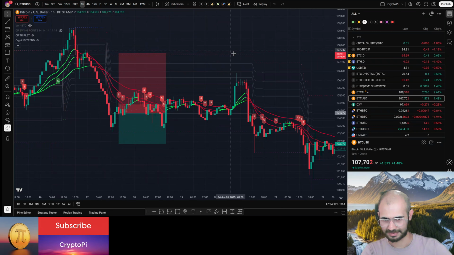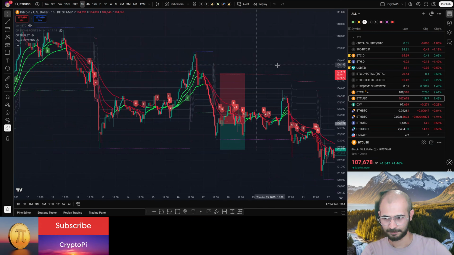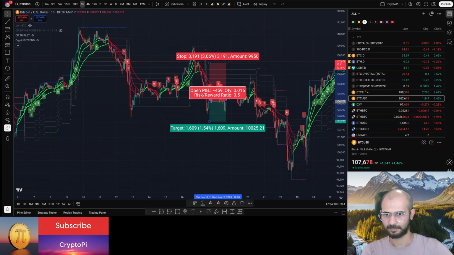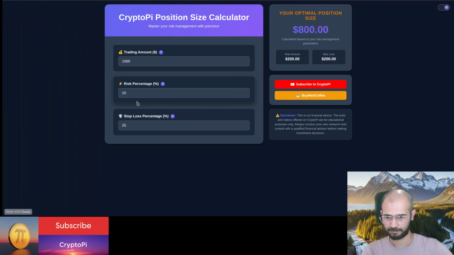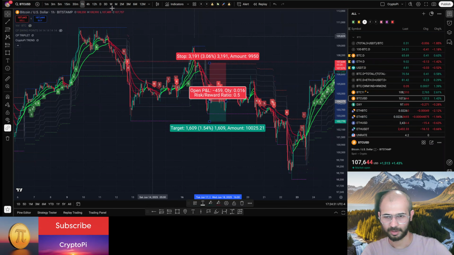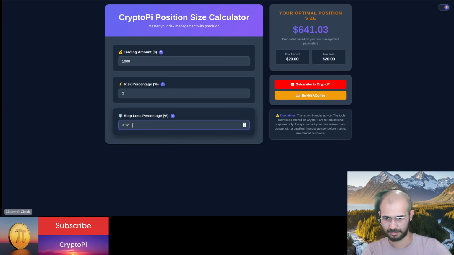Our SL band shows a downtrend, so the red line is here, and my risk percentage is 2%, let's say this time, and I am risking 3.12 if I'm at 3.06. And my optimal position size is $653.